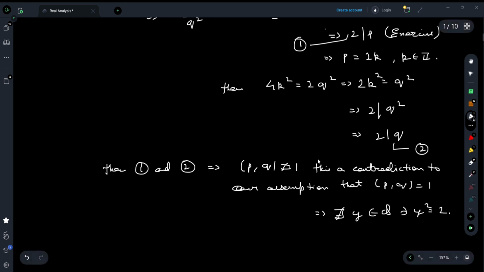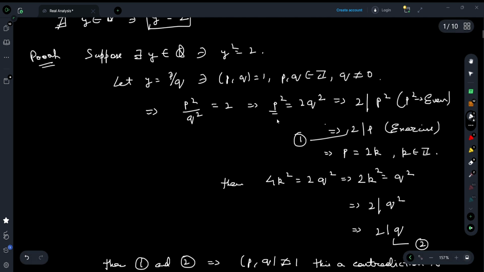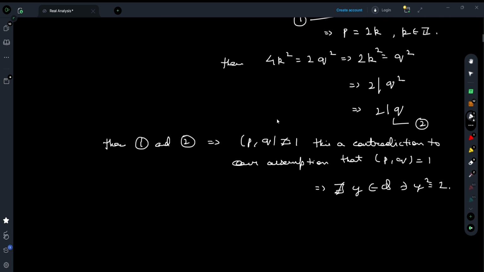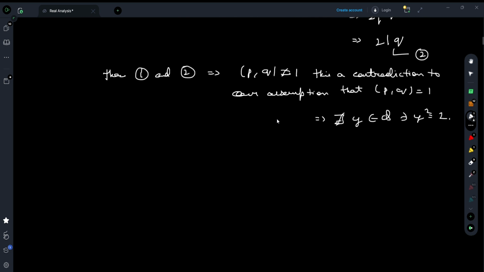Is it clear? Now, the process we actually followed to prove this statement is what we call proof by contradiction. As the lecture goes on, you will be more comfortable with such proofs. I'm just giving you a basic idea of what proof by contradiction is.